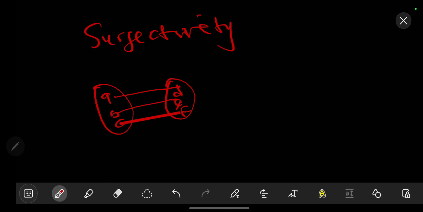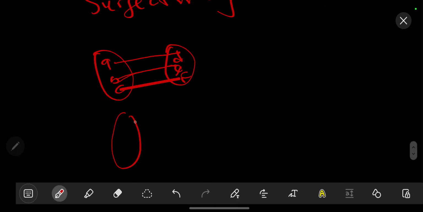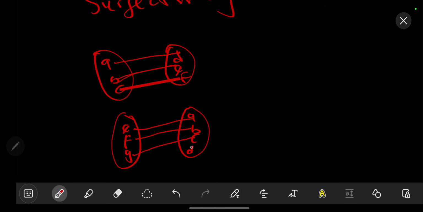That's the meaning of surjectivity. Each member has got an x value. Now if we have a, b, c and e, f, g, and there is a value in the set of y that does not have a member, then it's not surjective, like that.